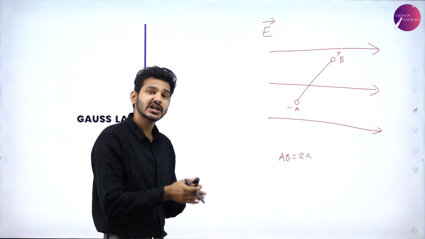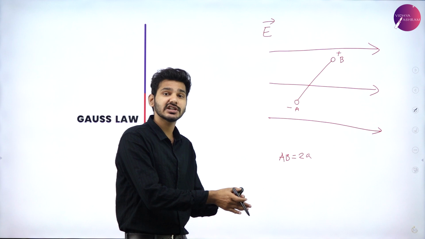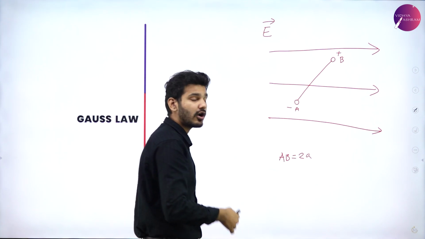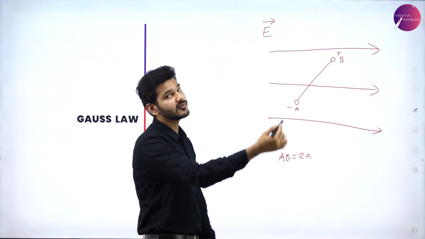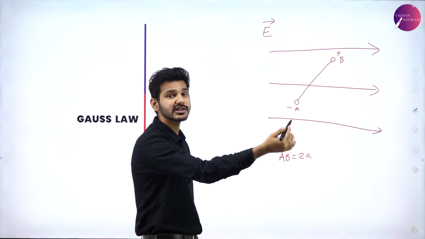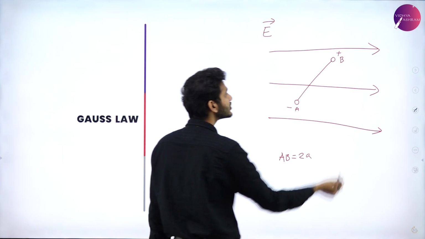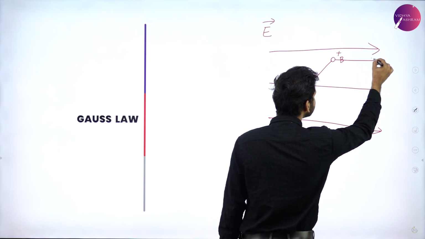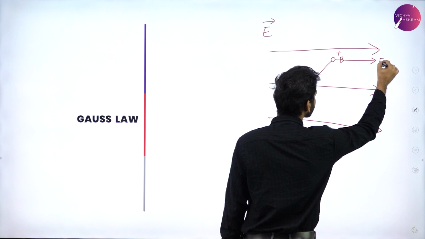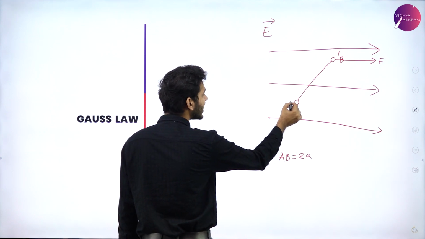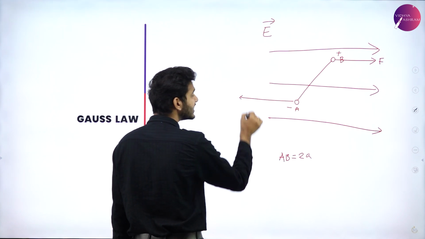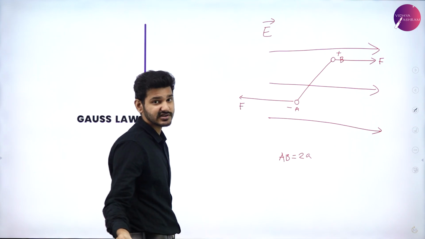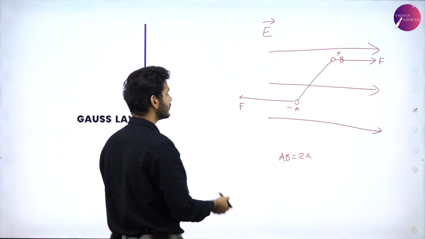When a charged particle is kept in an electric field, it experiences a force. The positive charge will always move along the direction of force of the electric field. So this positive charge will experience a force in this direction, and this negative charge will experience a force in the opposite direction, because they are equal in magnitude and opposite in polarity.